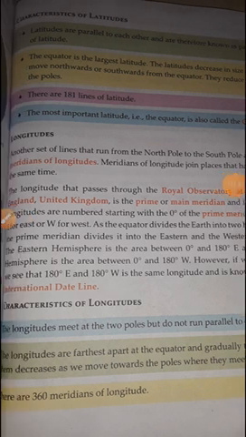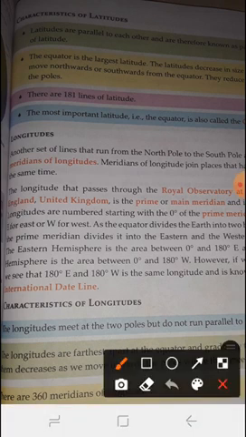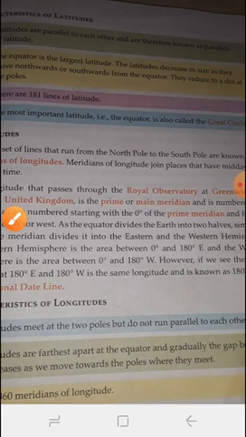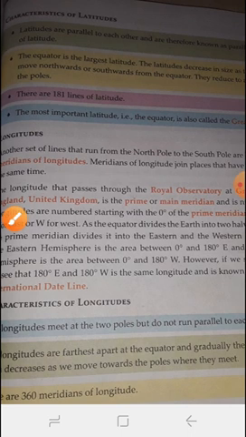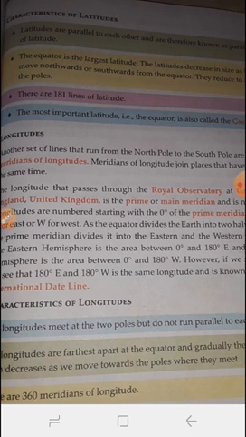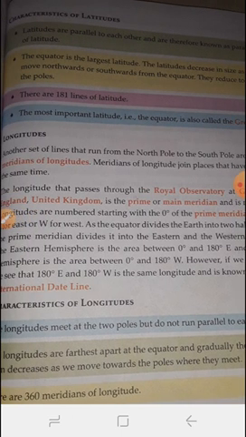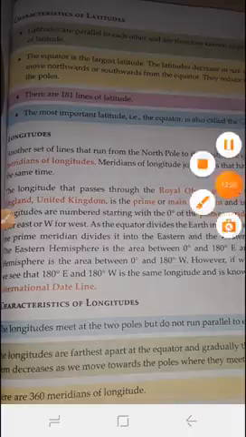Now see, there are some characteristics of latitudes given in your book. The first characteristic you see: latitudes are parallel to each other and known as parallels of latitude. I have already shown you in the diagram that they are drawn parallel. The lines of latitude are drawn parallel to each other, so that's why they are called the parallels of latitude.